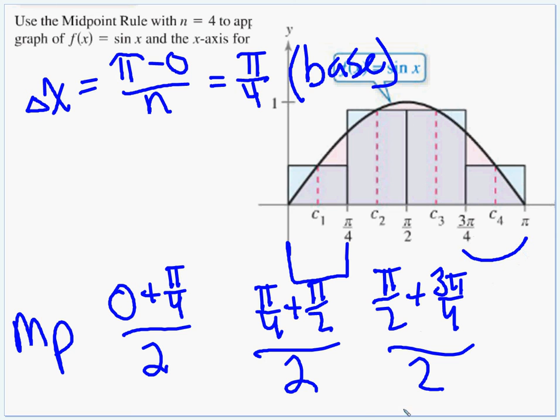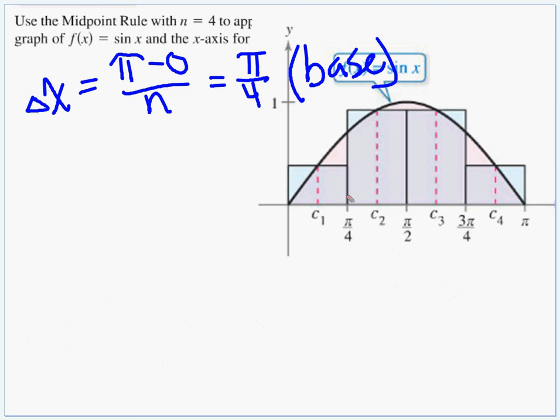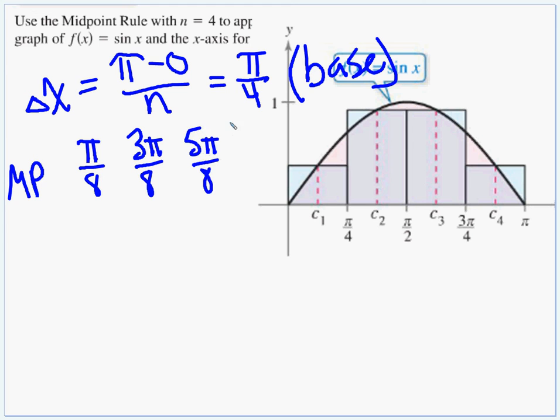Plus 3 pi over 4 plus pi, cut it in half. So there are two ways to go about finding those midpoints, but I'm just going to list them here. Midpoints are 1 pi over 8, 3 pi over 8, 5 pi over 8, and 7 pi over 8. So we have 4 rectangles, we have 4 midpoints.